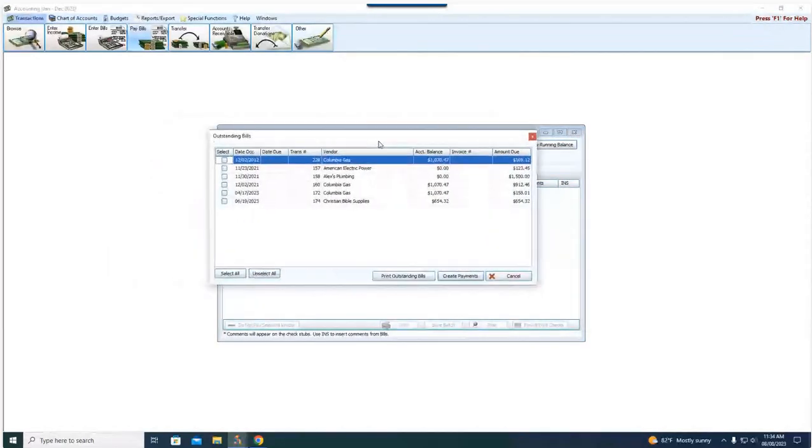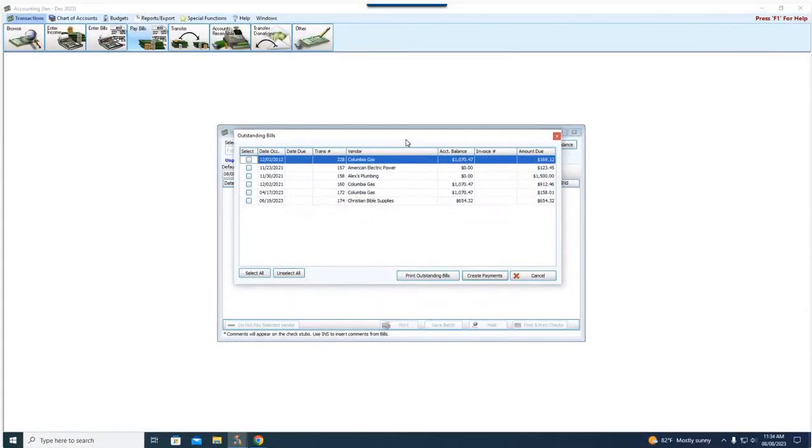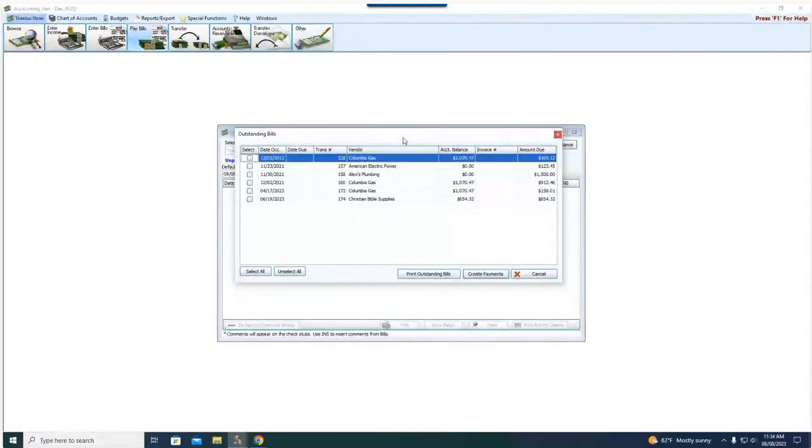I know it seems kind of oversimplified, but the bottom line about outstanding bills here is that if bills and payments or vendors are paid properly, when we're dealing with bills and payments correctly, this list should be empty, should be blank entirely.